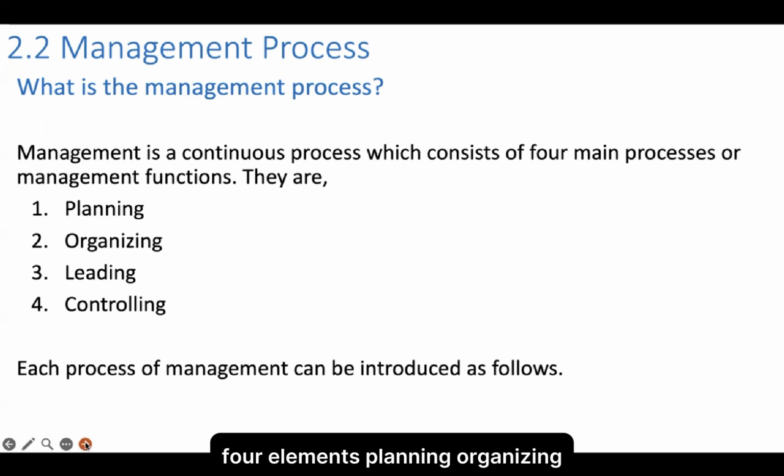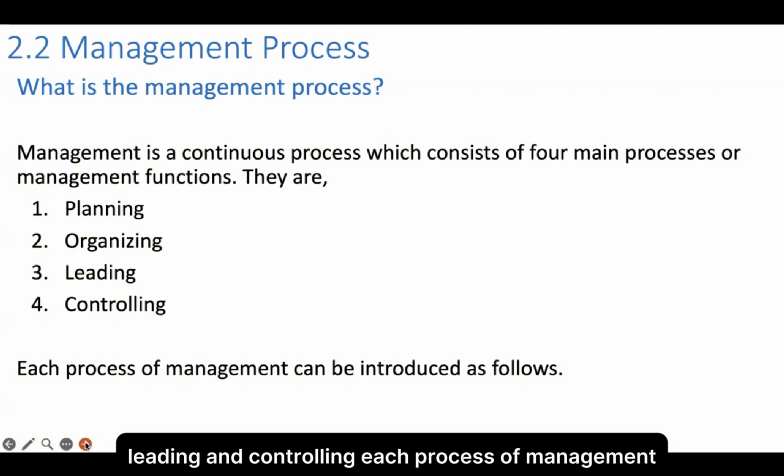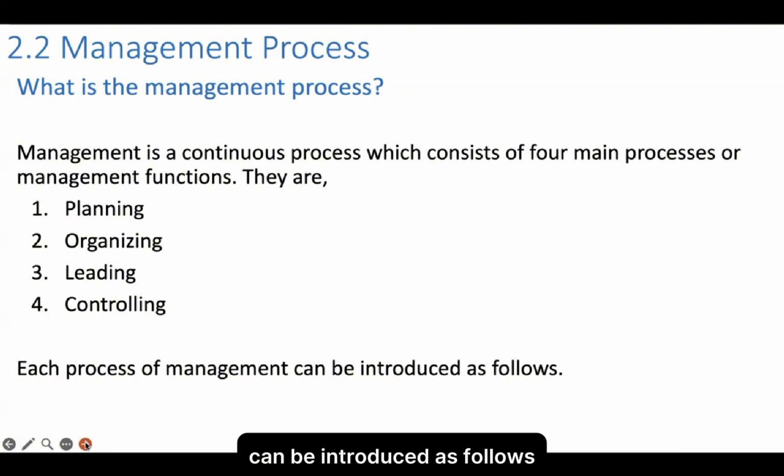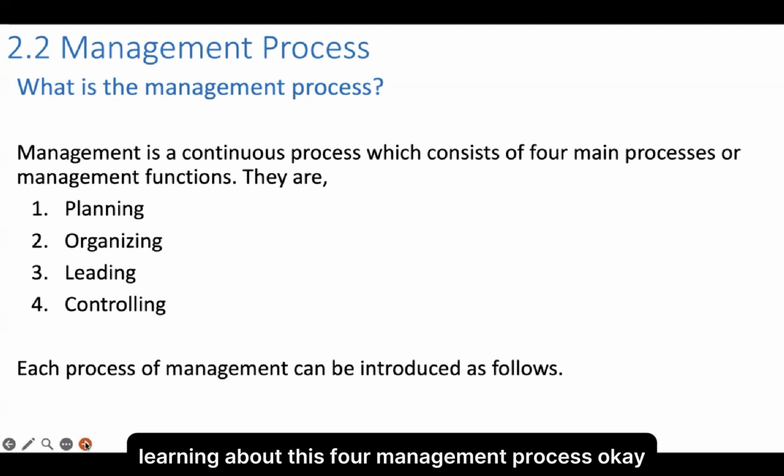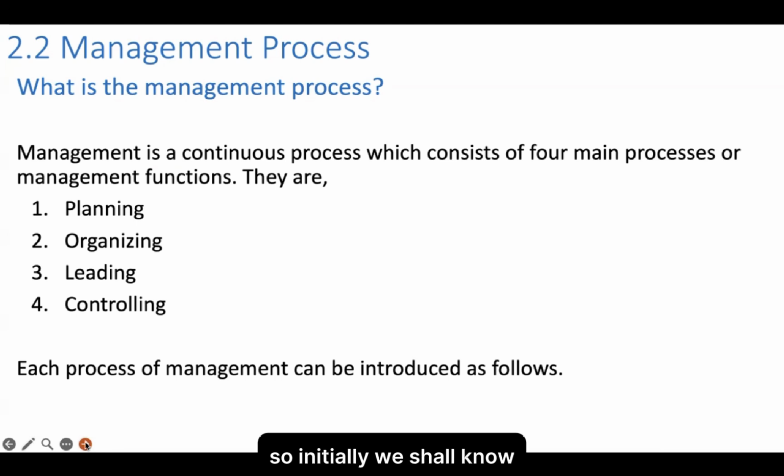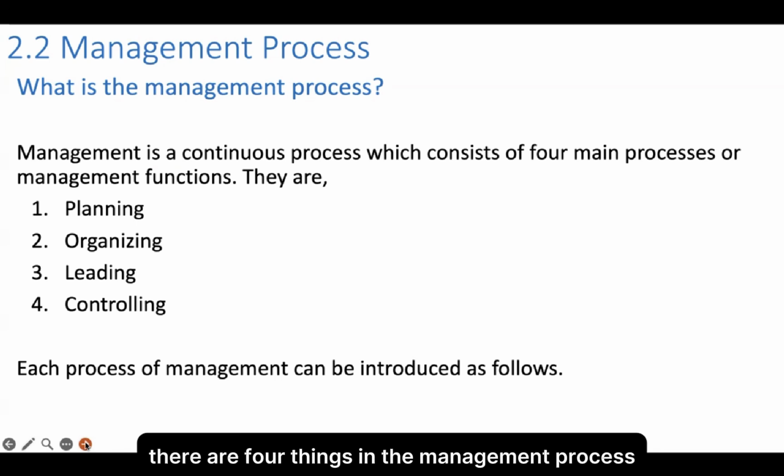Each process of management can be introduced as follows. So we will be learning about these four management processes. Initially, we shall know there are four things in the management process.